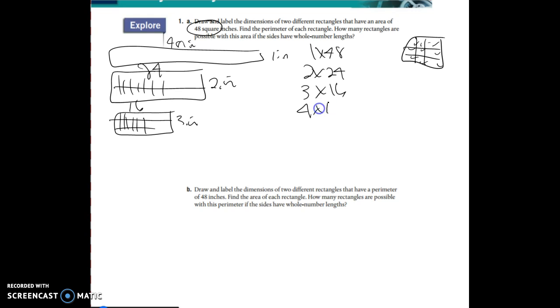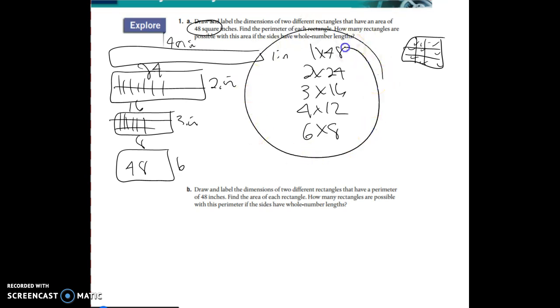And 4 by 12. 5 doesn't work because 5 times 10 is 50, 5 times 9 is 45, so I'd need a decimal if I did 5. And then 6 by 8 would also give me an area of 48 square inches. And then I could rotate them and do 48 by 1, but it's really the same rectangle.